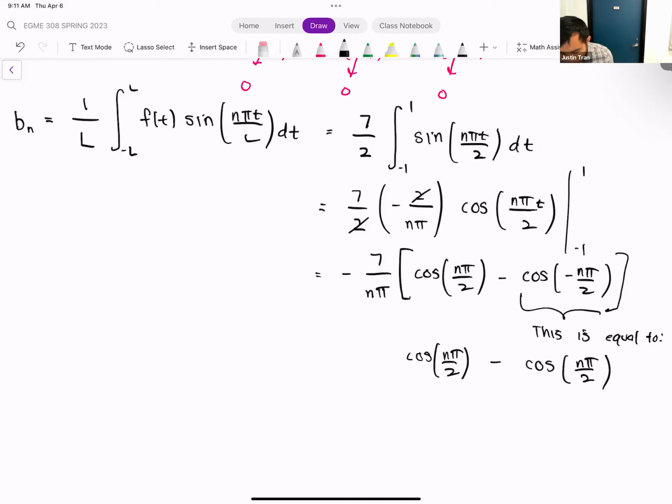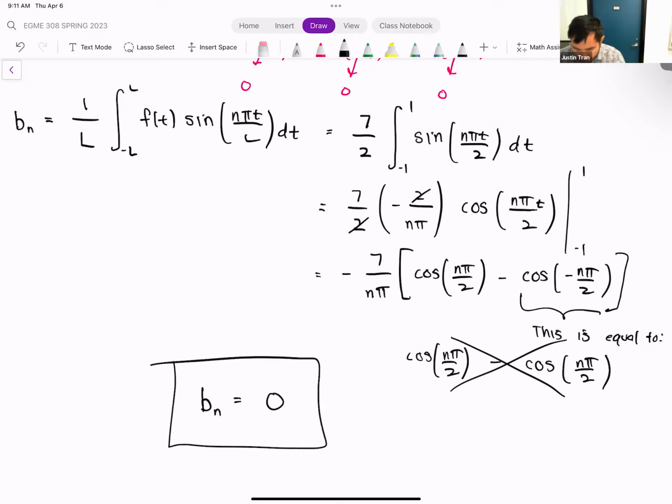If you have a cosine of n pi over 2 minus a cosine of n pi over 2, we have two exact functions that subtract each other and just cancel out. And then what we get in the end is bn is just equal to 0. Okay.